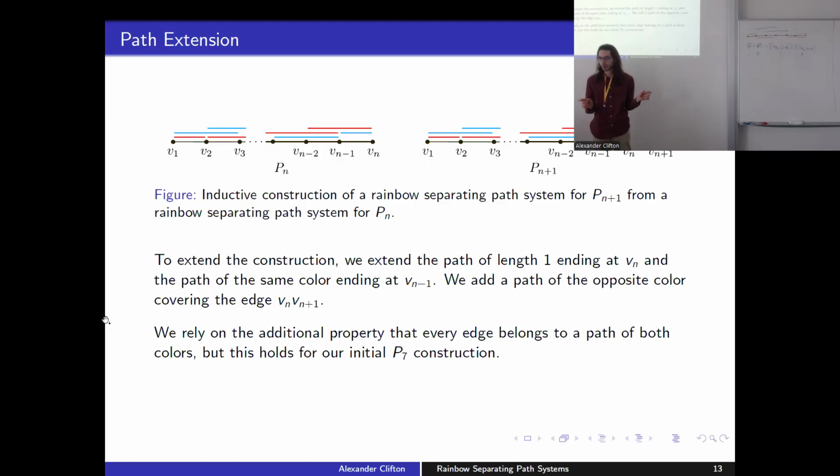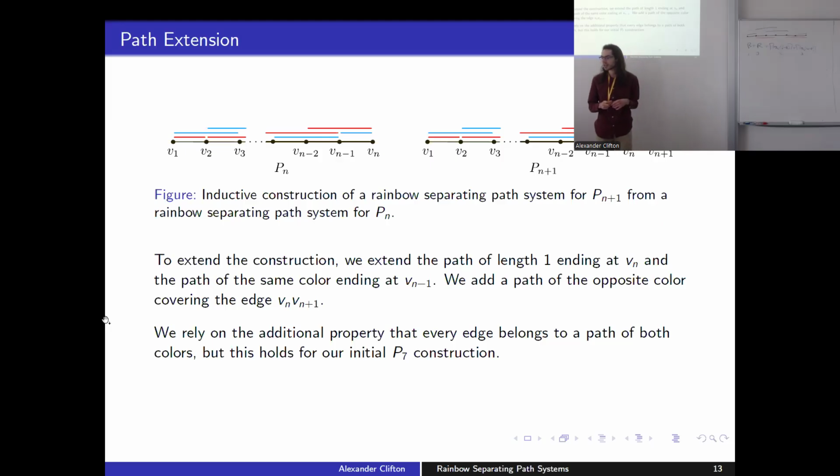So that's how I get the separator there. Notice I am assuming that every previous edge is part of some red path, but the base construction we get for P7 is such that every edge is in paths of both colors. So that's an additional property that we don't need for the definition, but we need it for this proof to work. But the base construction has it, so it's fine.